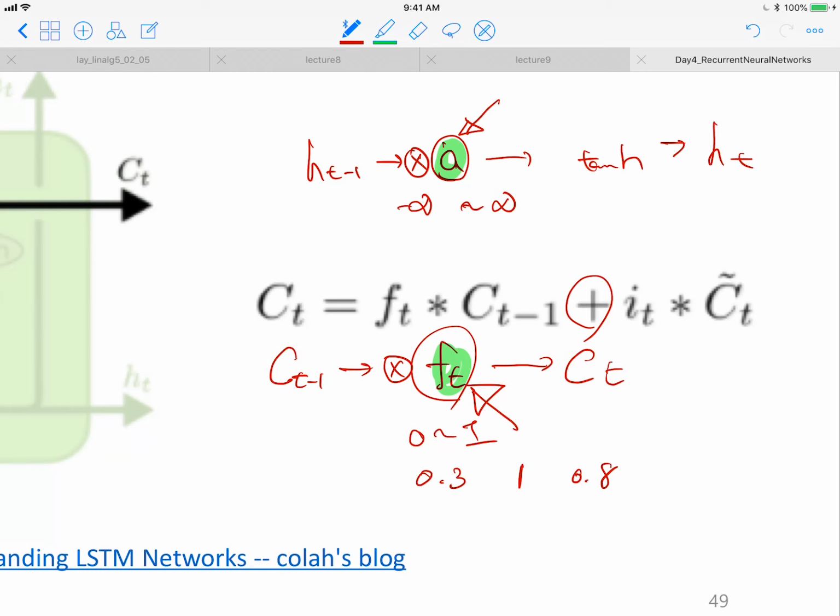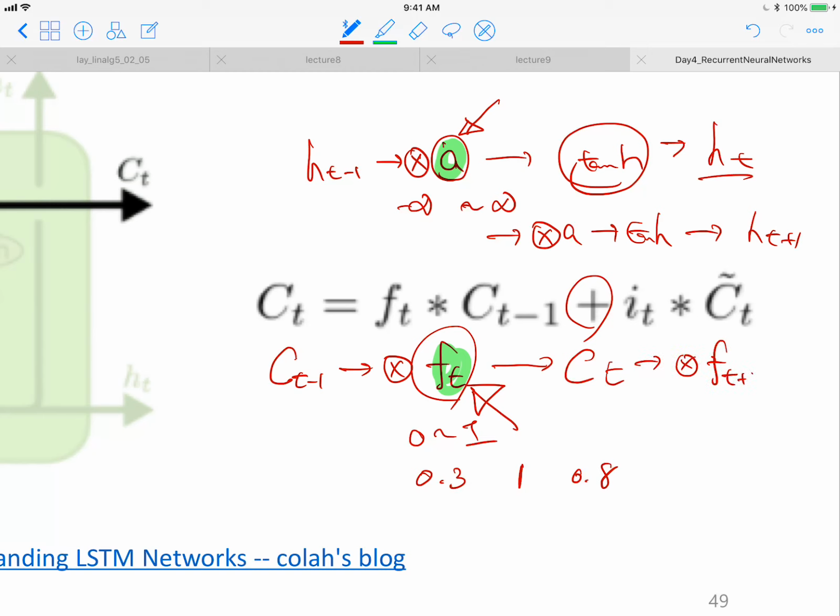Also, we do not go through any nonlinear units in the evolution of this cell state, so it is basically recursive. h_t will be multiplied with A and then tanh to generate h_{t+1}, and c_t will be multiplied with f_{t+1} to generate c_{t+1}, right?